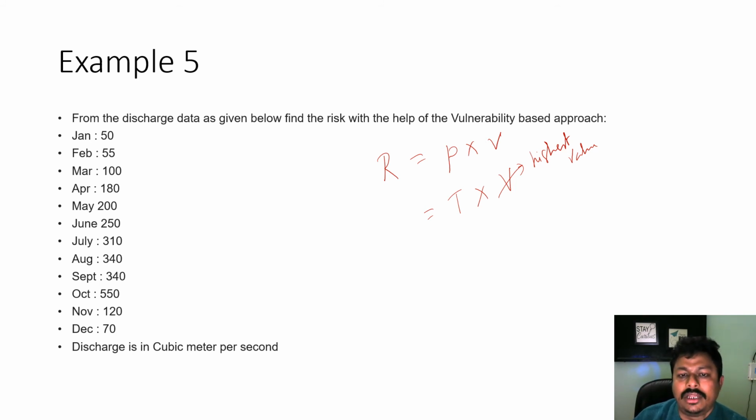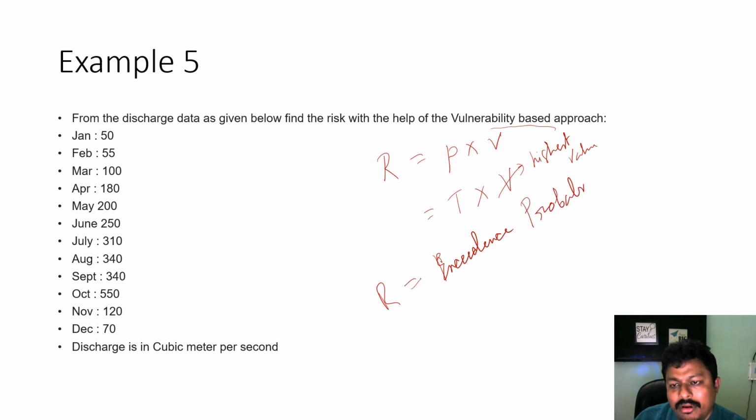But the vulnerability based approach is something different. Here the risk is equal to the exceedance probability of the discharges or any event.